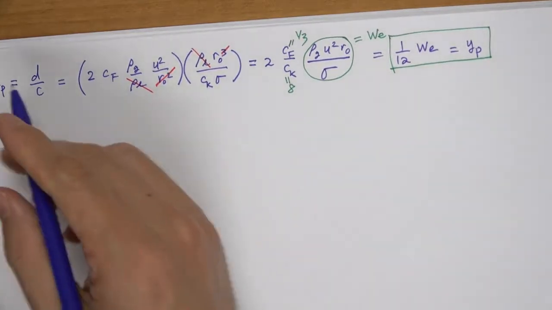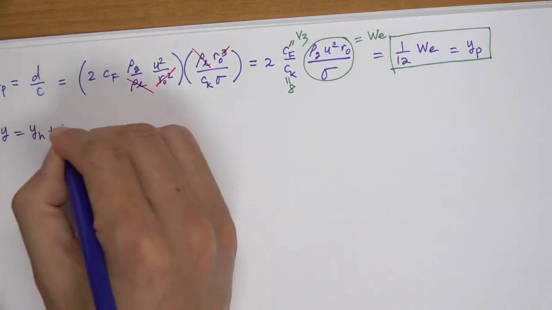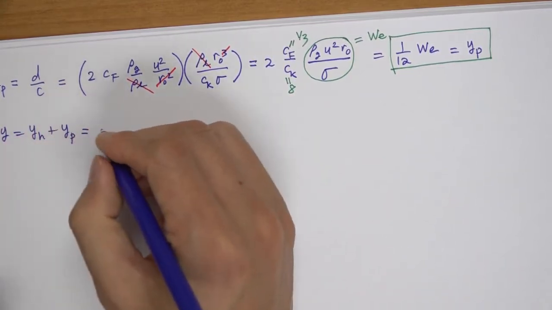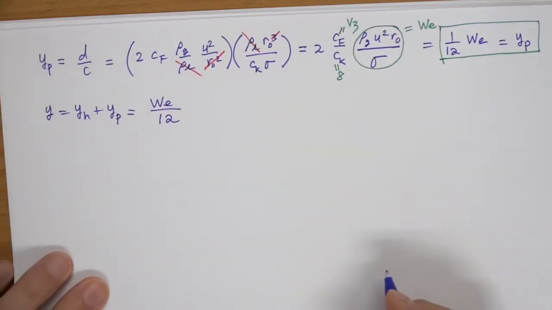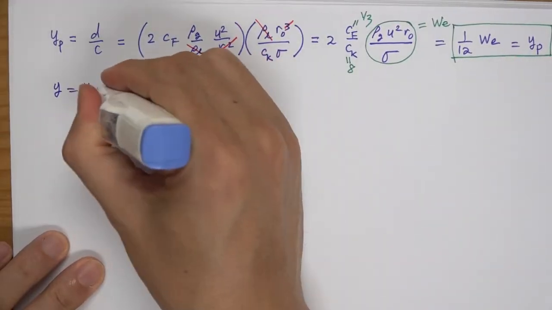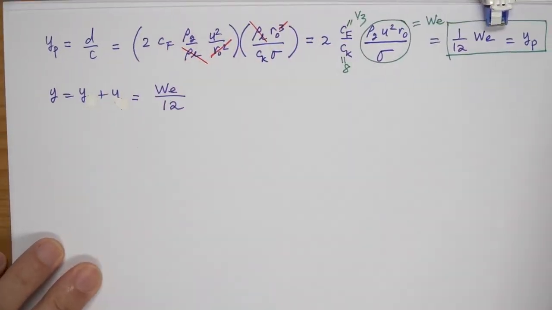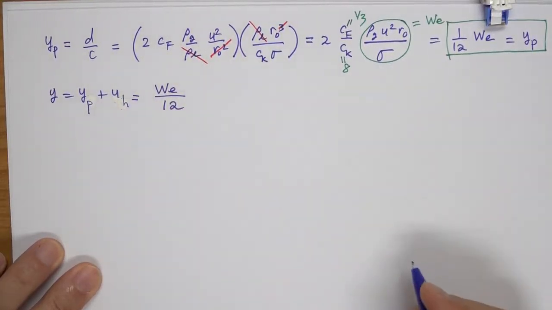So now y is equal to y homogeneous plus y particular. Let me change this. This is particular, this is homogeneous.